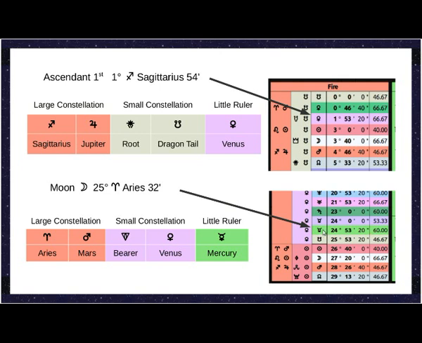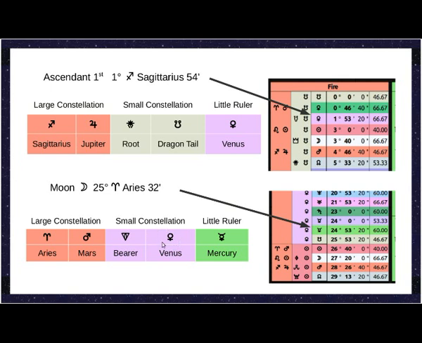It's this little tiny section of the zodiac, it's exactly 1 degree wide, is ruled by Mercury. So Mercury is the little ruler of her moon position. So we can put Mercury under the little ruler column here. Now this section of the zodiac, to find the small constellation, its ruler is Venus, and this happens to be the small constellation called the Bearer, which you can see if you look a little bit higher in that column.